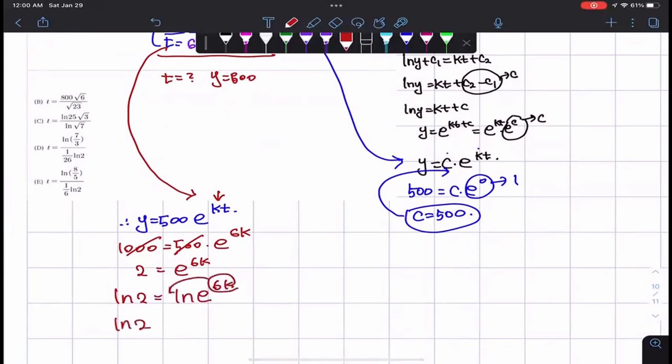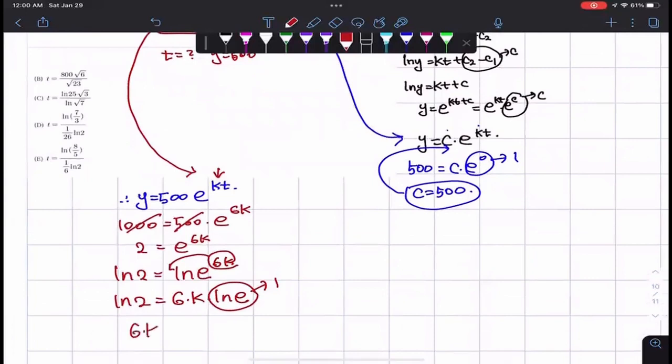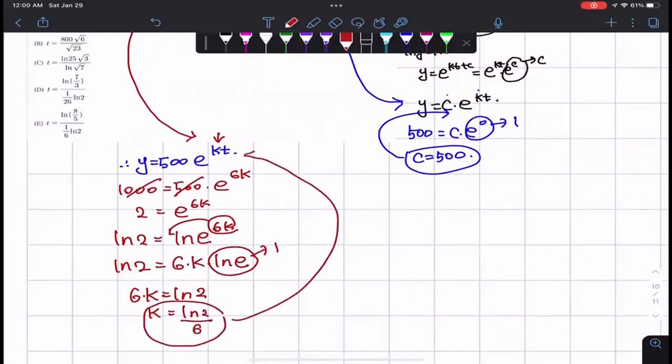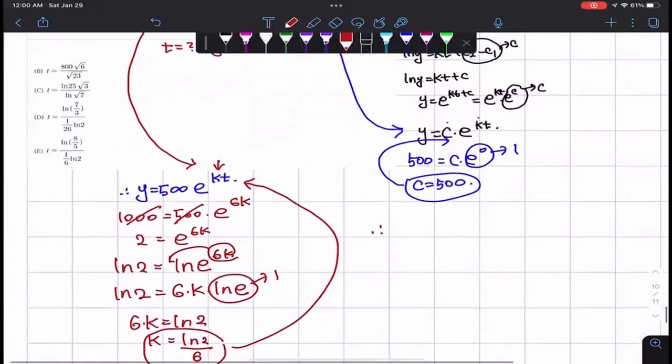So ln 2 equals 6 times k ln e. This is 1. So 6 times k equals ln 2. k equals ln 2 over 6. Plug in this value again. Therefore, y equals 500 e to the power of ln 2 over 6 t.